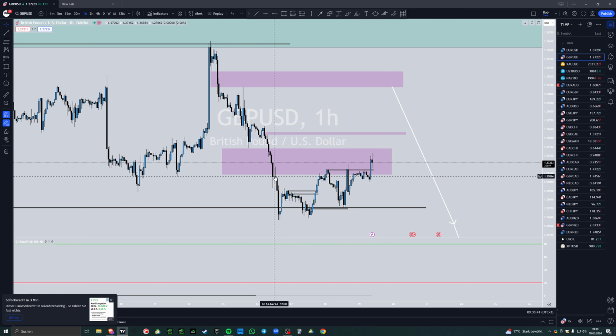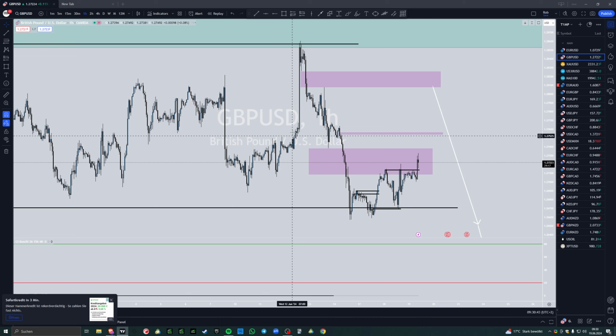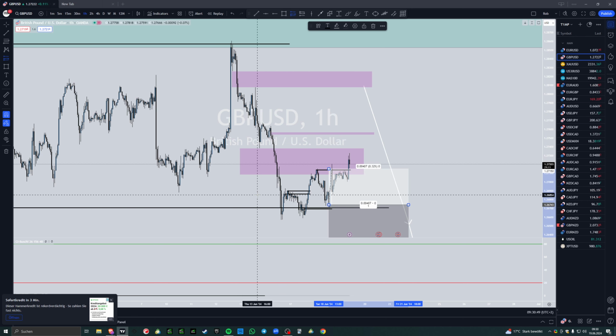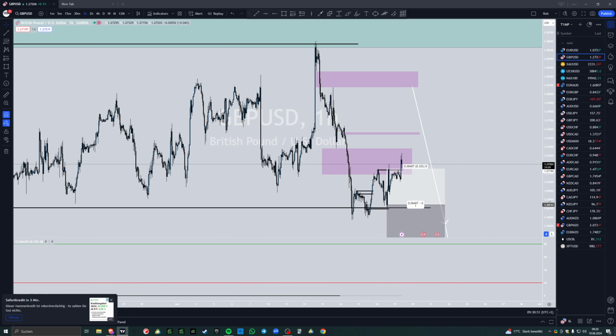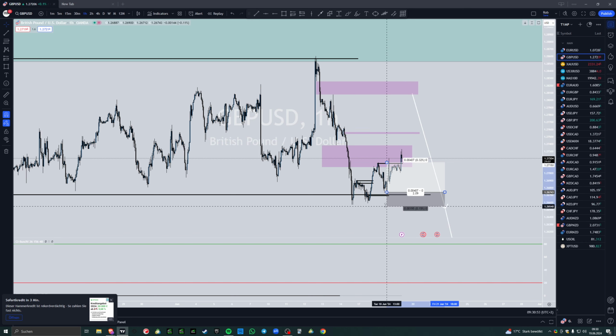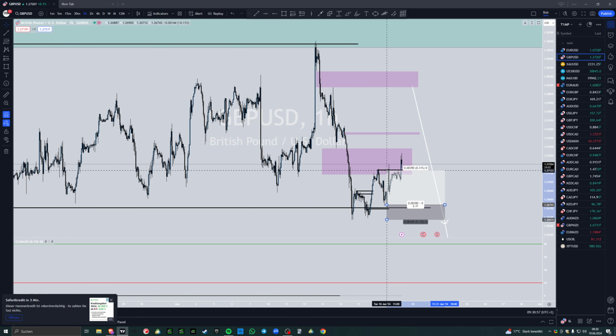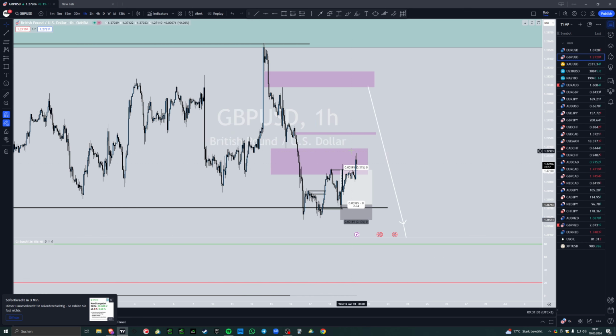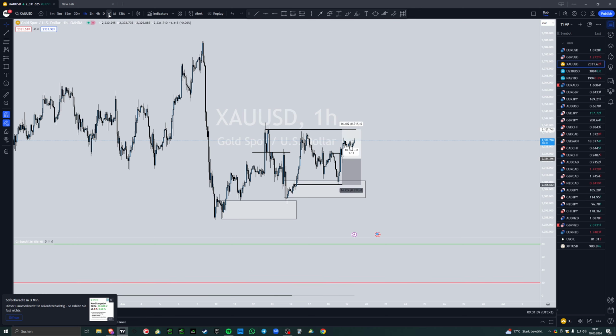So price does what it wants, but this is what I would expect. So nothing here yet except the opposite. So yeah, at least this was a trade, but on the higher time frame horizon there's nothing yet on GU.